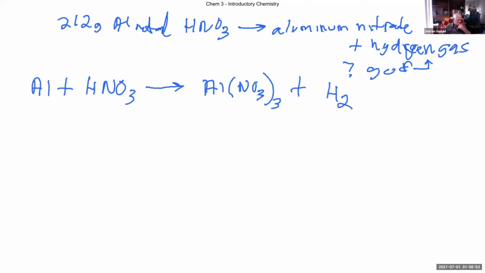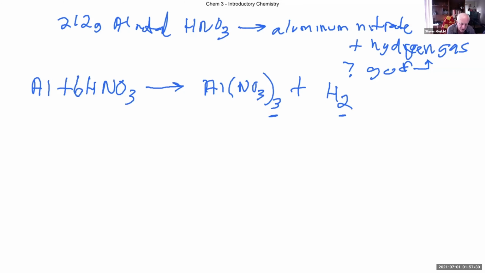So let's balance it. We have aluminum to balance, and we have to have hydrogen and 3 moles NO3. So we have to have a 2 in front of there because of the 2 hydrogens, right? But then we have 3 NO3s. So we're going to change that to a 6. I can erase that. So we're going to make this a 6 because we have 2 hydrogens here and we have 3 here.